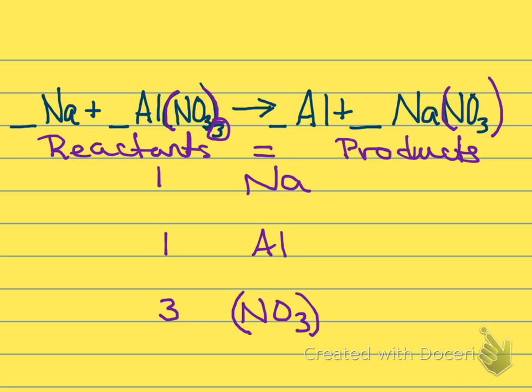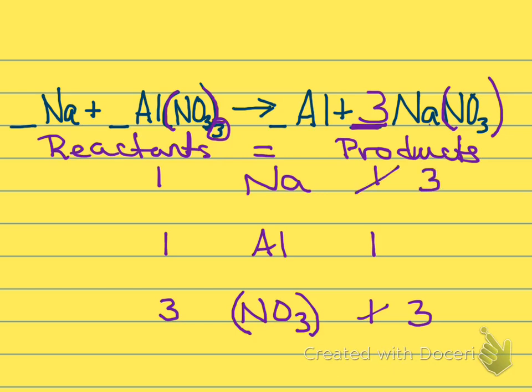Over here we have 1 aluminum, 1 sodium, 1 nitrate. Okay? So what coefficient can we put in front here so that we have 3 nitrates? A 3, right? So that gives us 3 times 1, 3 NO3s. But also we have to remember it changes our sodium. It gives us 3 sodium.